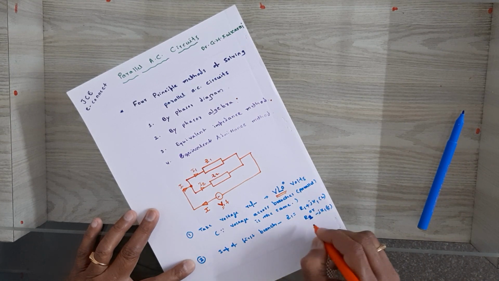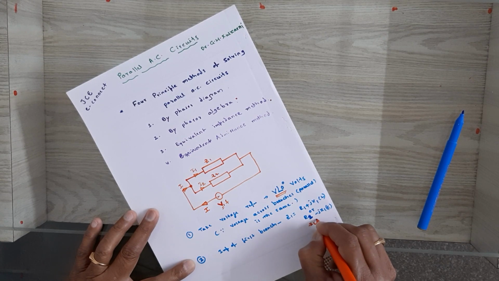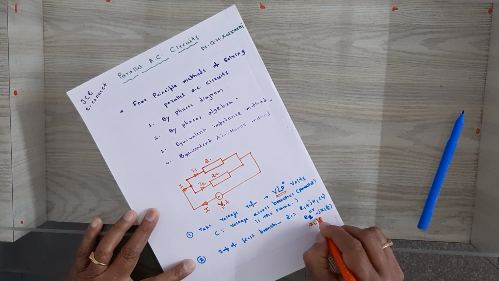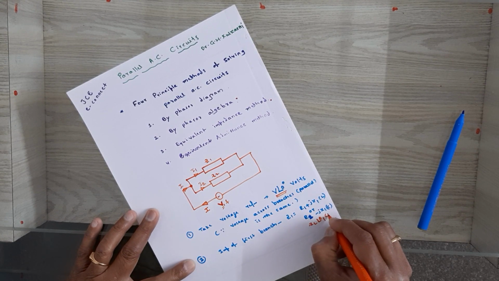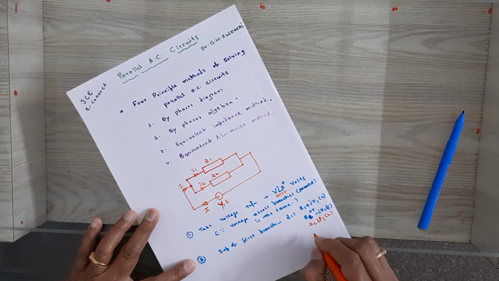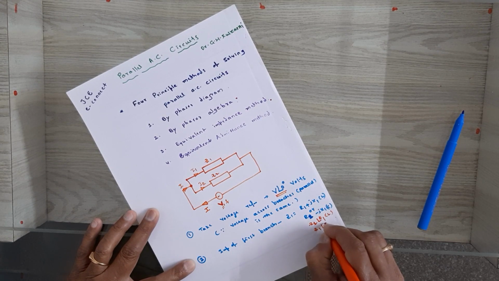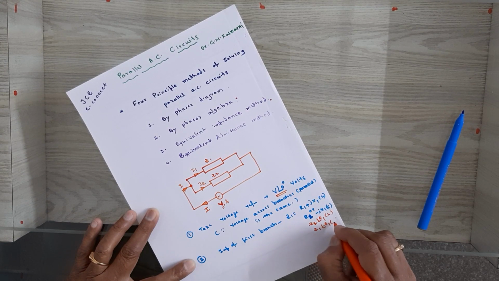The impedance also can be expressed as Z1 at an angle of phi 1 in the case of inductance, or as Z1 at an angle of minus phi 1 in the case of capacitance.